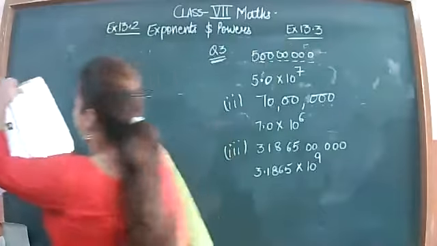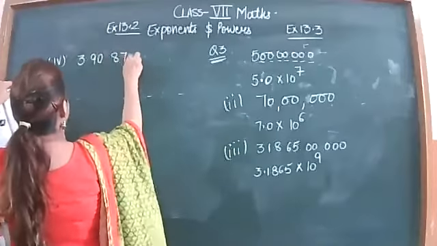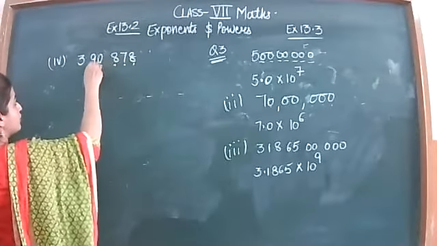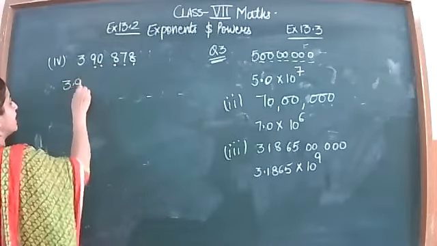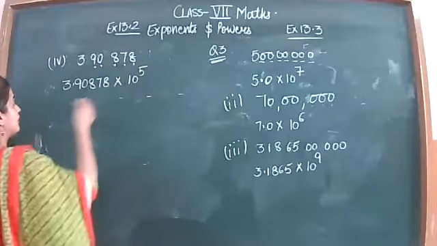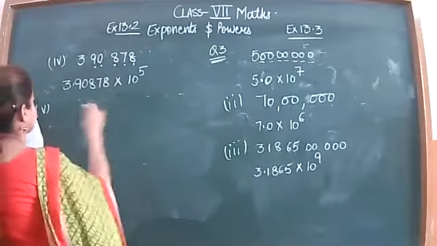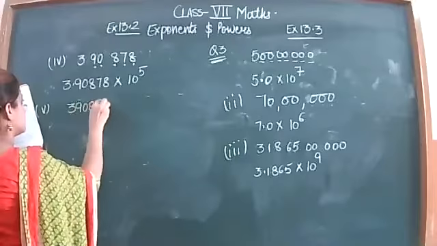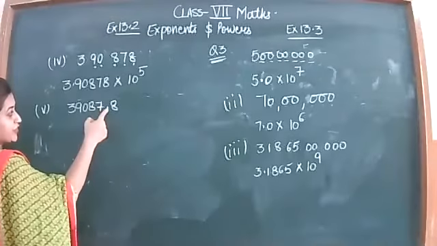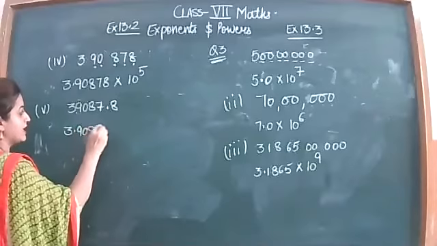Is this clear? Now see one more part, the fourth part, 390878. 1, 2, 3, 4, 5. So 3.90878 into 10 raised to power 5. You have to shift this decimal here to the first place. 3.90878.